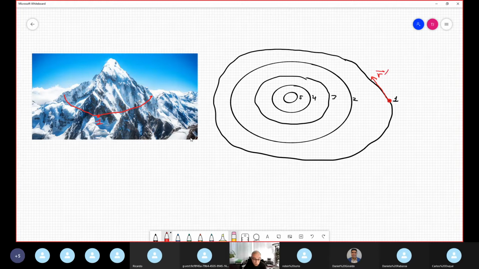However, I know the professor explained to me that the gradient vector is always perpendicular, 90 degrees to the tangent vector. This is the gradient. It indicates the direction in which you climb the mountain faster. So the gradient, I suppose, is in this direction.